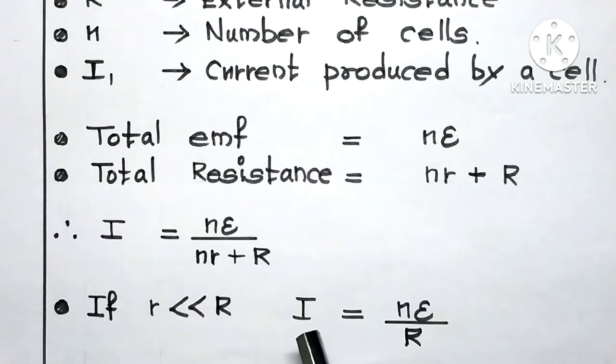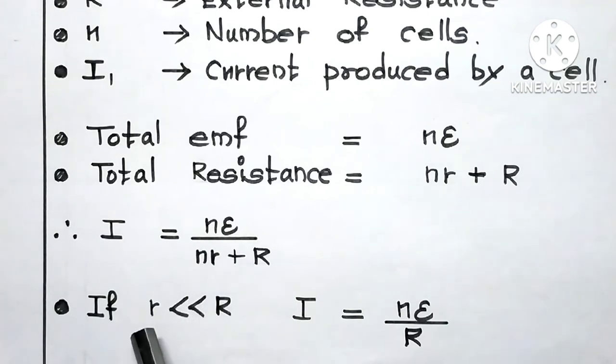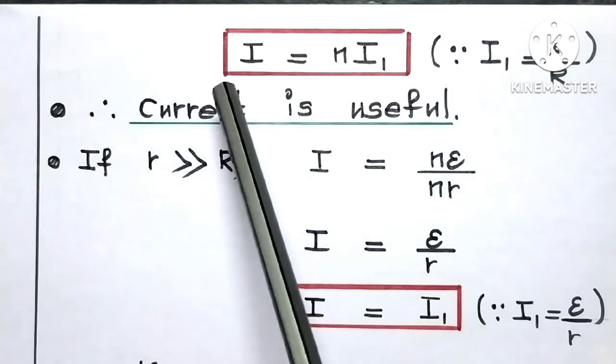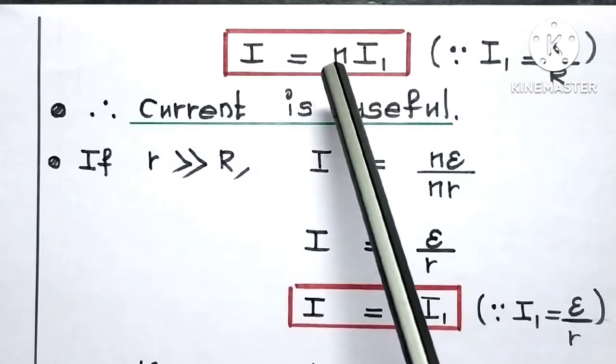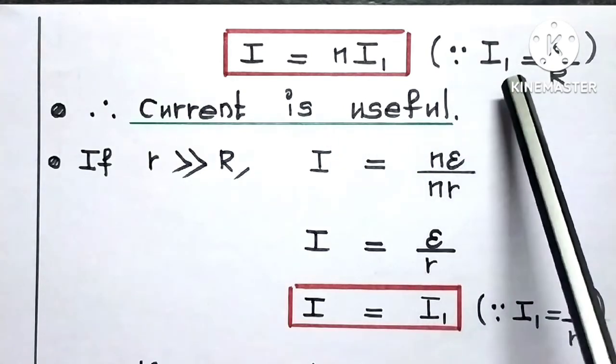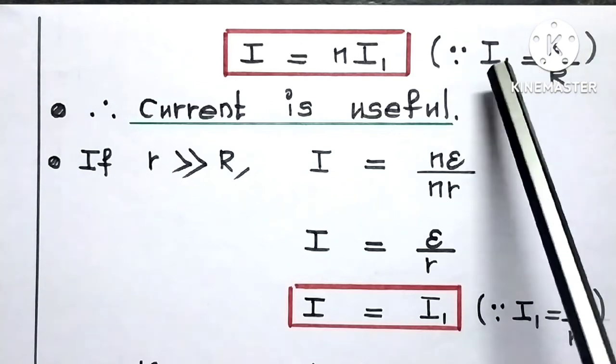Then we get an expression for I as n epsilon by capital R. We have removed this expression n small r as r is very less in comparison with the external resistance. Now the expression for current capital I becomes n into I1, because I1 is equal to epsilon by R. So in the place of epsilon by R, I have written I1.